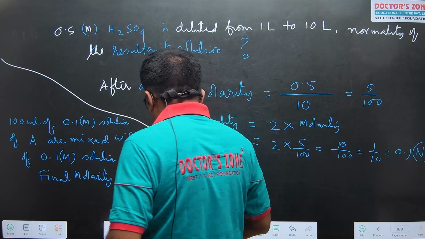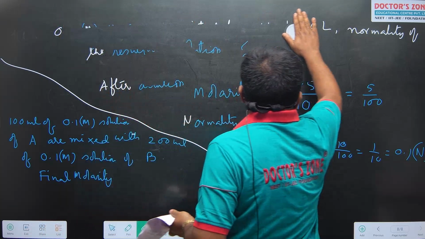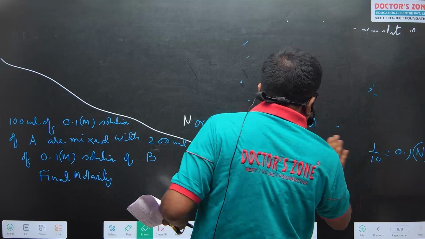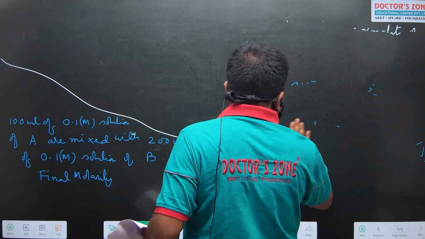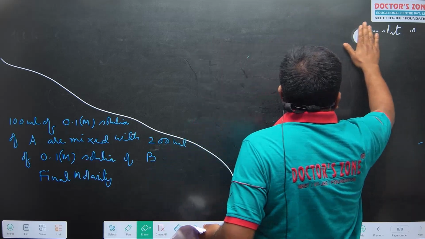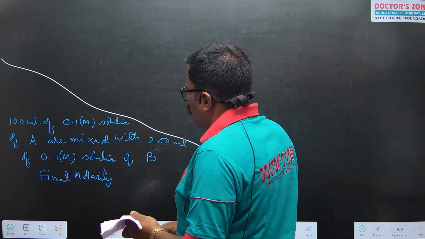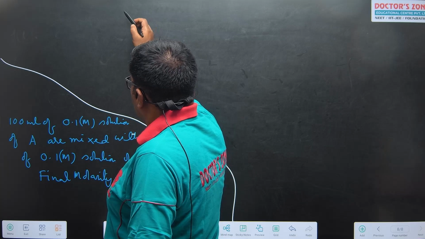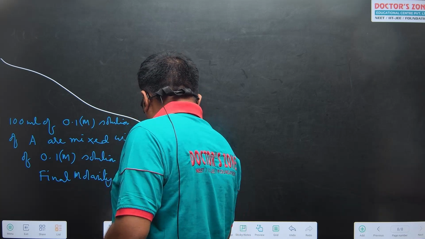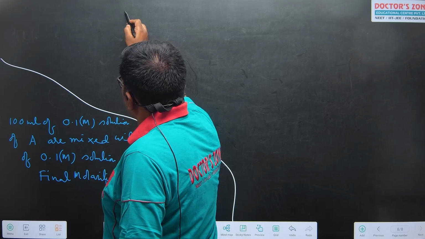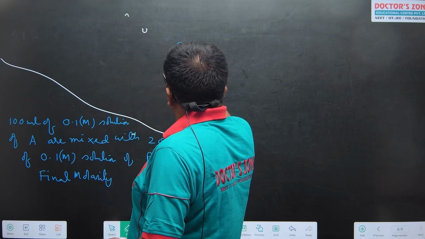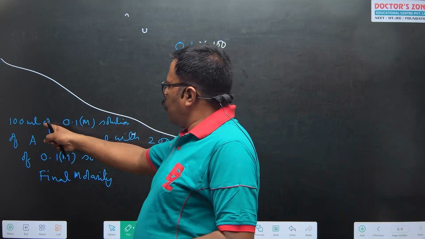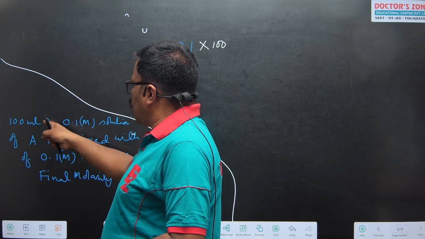So how can we proceed? 0.1 into 100 by 1000, that is molarity into volume in liter.